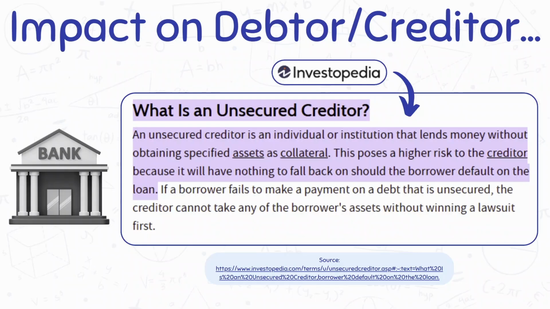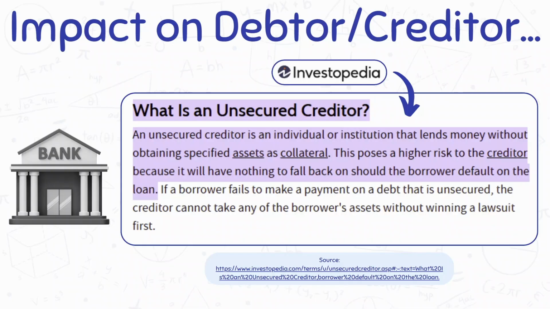So it is defined as an individual or institution that lends money without obtaining specified assets as collateral. This poses a higher risk to the creditor because it will have nothing to fall back on should the borrower default on the loan. If a borrower fails to make a payment on a debt that is unsecured, the creditor cannot take any of the borrower's assets without winning a lawsuit first.